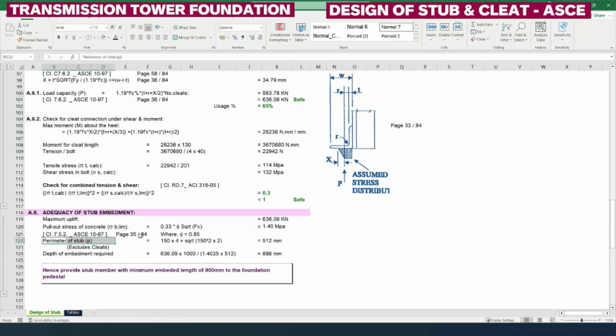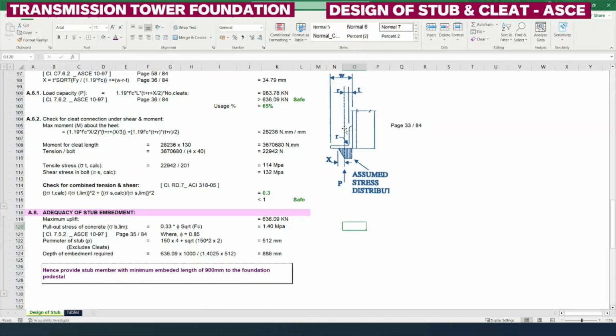For the perimeter of the stub, we need to calculate the stub angle flanges. For example, if this is an angle member, we need to calculate this side and this side, and the inner side we need to calculate as a diagonal member.